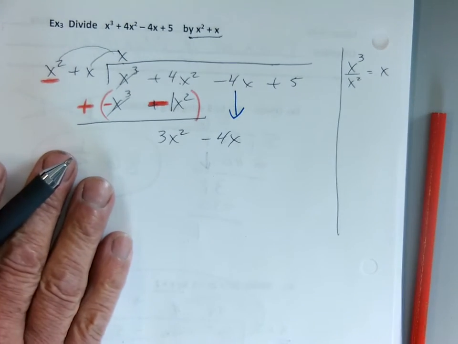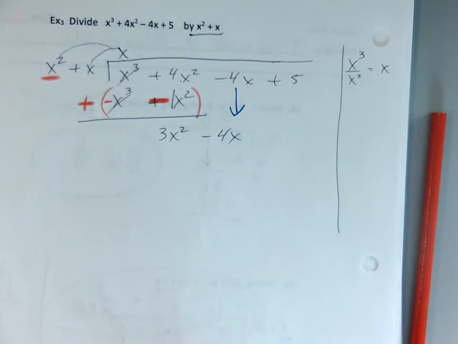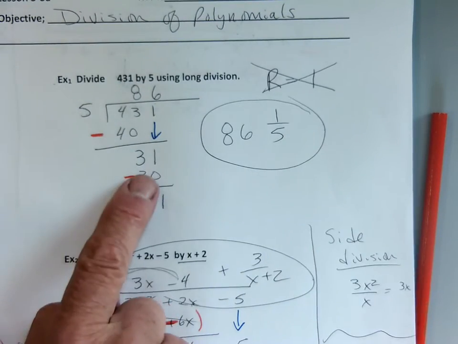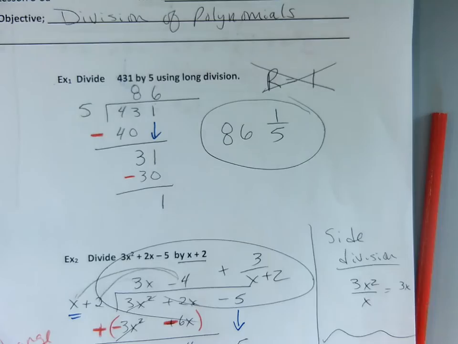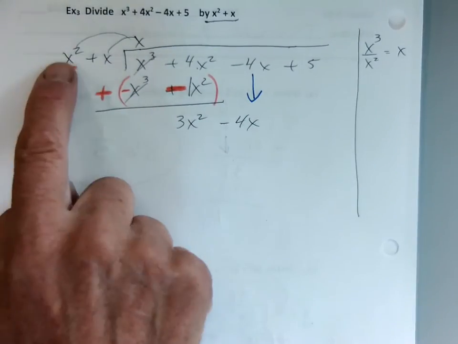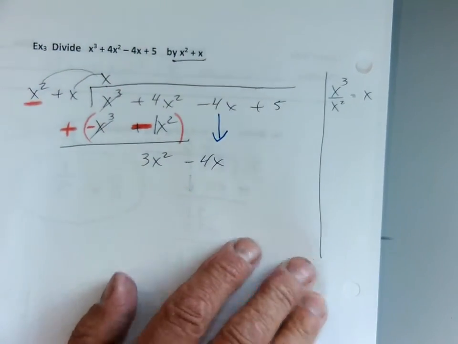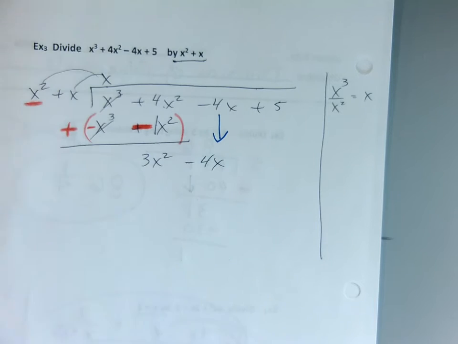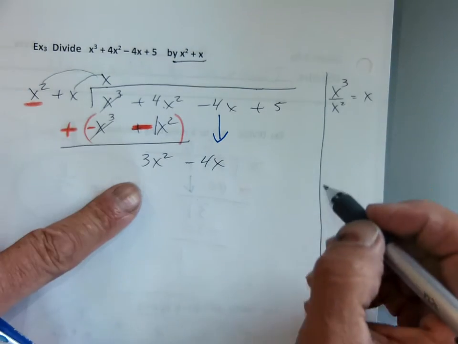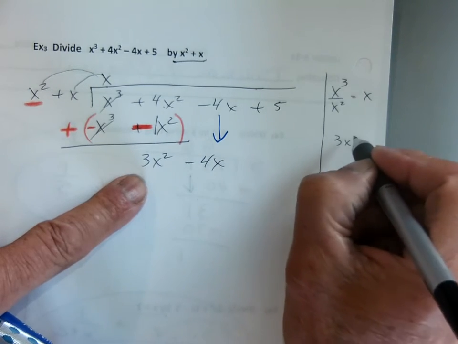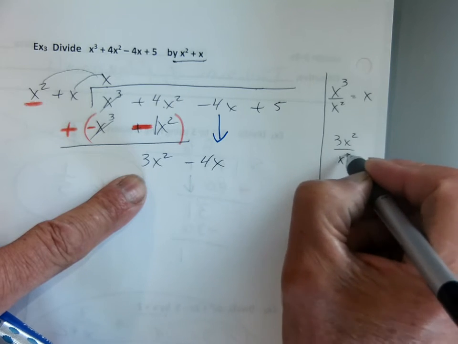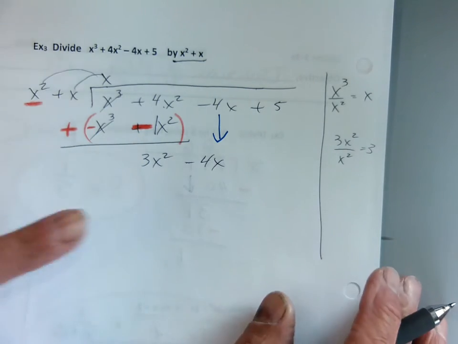Now we're going to divide again. And just like the long division, now 5 went into 31. We're going to take x squared goes into 3x squared. So we're going to divide x squared into 3x squared. So again, if you can't see that, do a little side division. And I think you'll see it goes in 3 times.